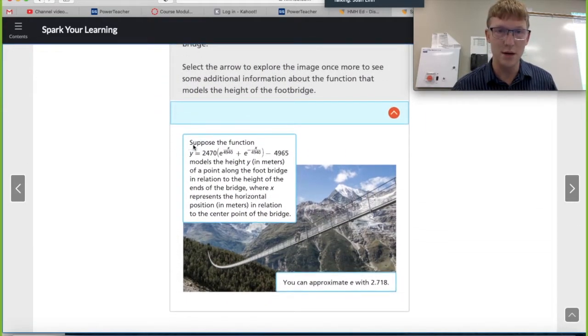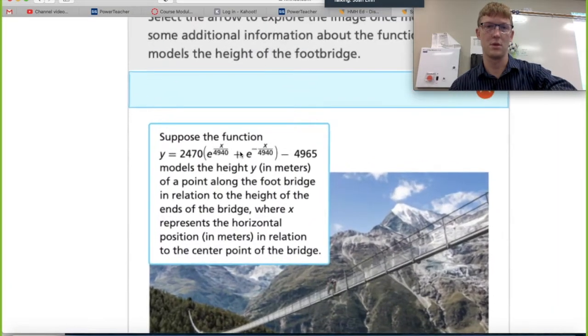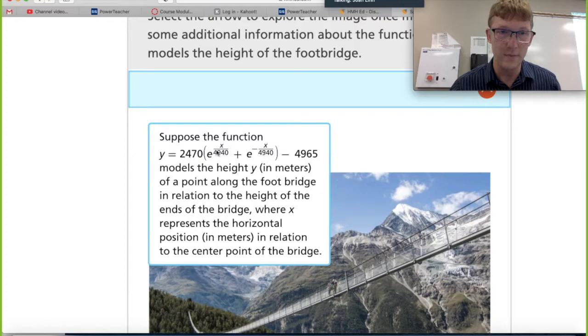Of course, they're going to give us the formula, and of course, it's going to have e in it. That's a crazy looking formula, but it's basically e to a power, and then e to a negative power, where x represents the horizontal position in meters in relation to the center point of the bridge.